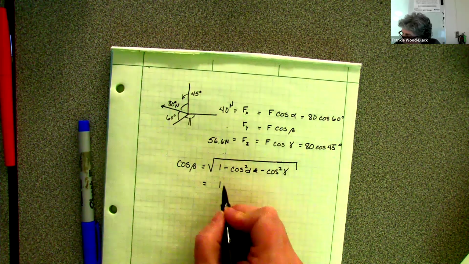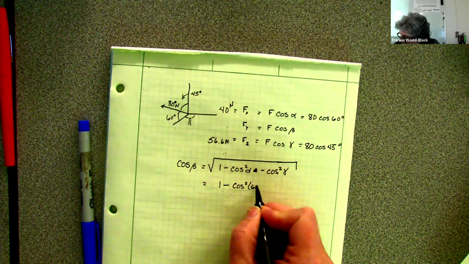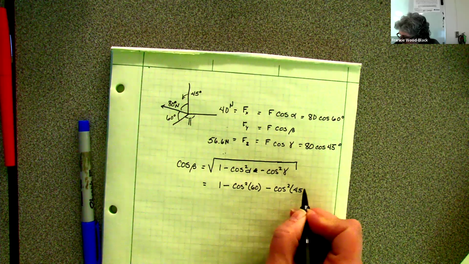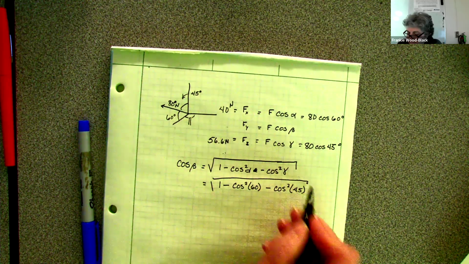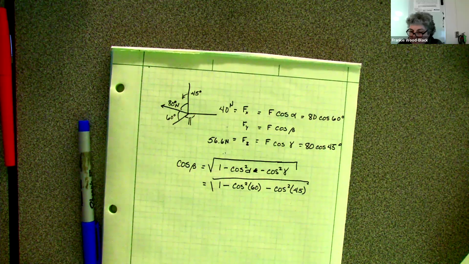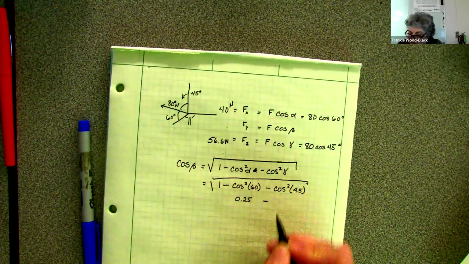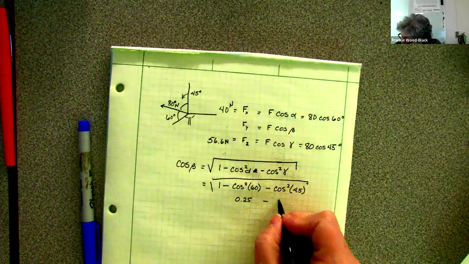So I've got 1 minus, and this is going to be 0.25. This is 0.5.